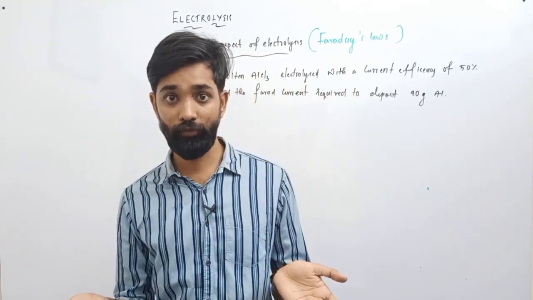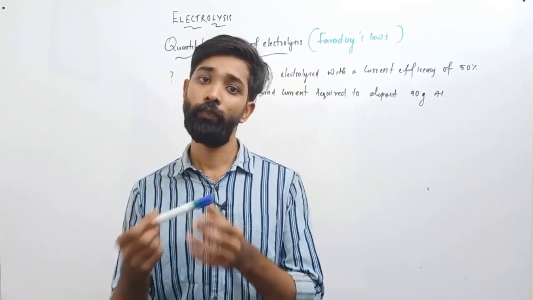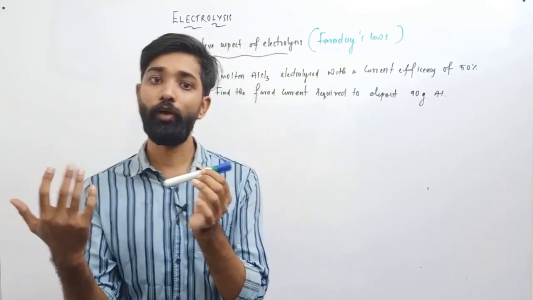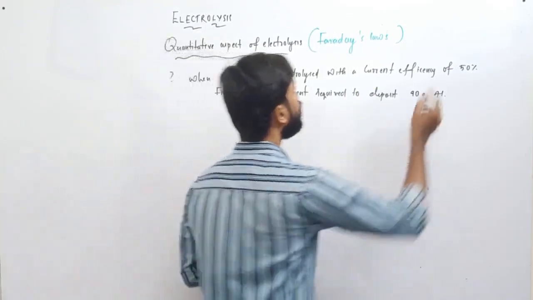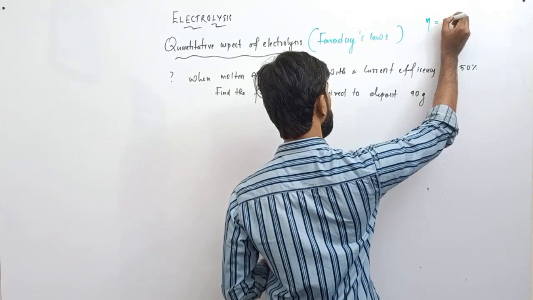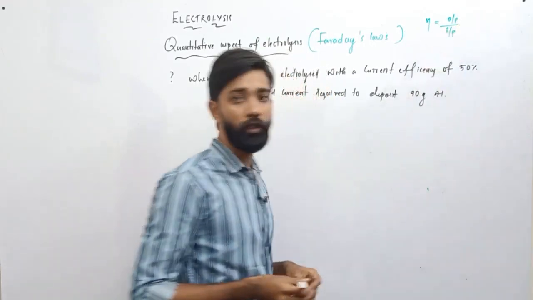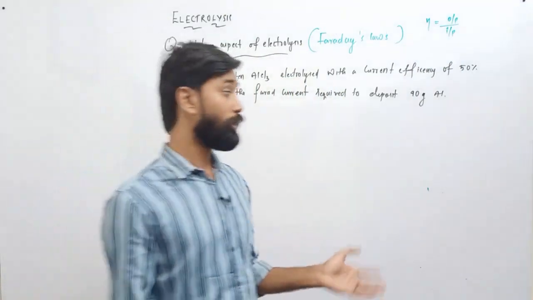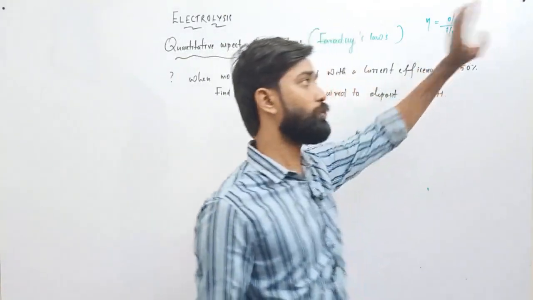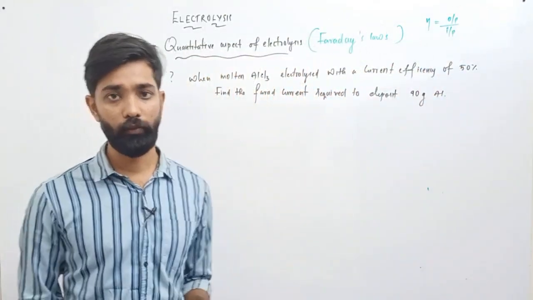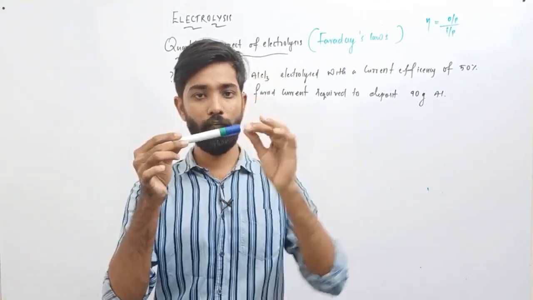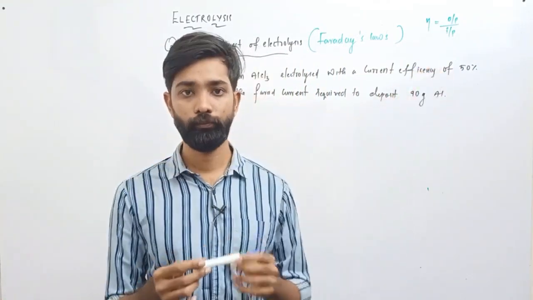Efficiency is output by input, right? If the efficiency is 100%, the ratio is 1, so whatever the input, that much output we obtain.